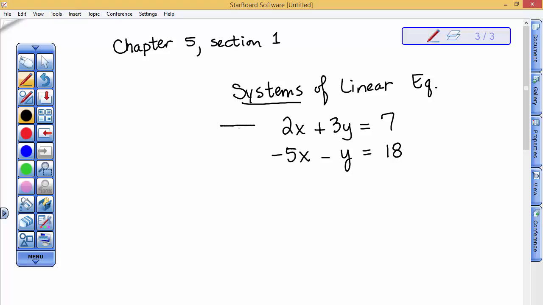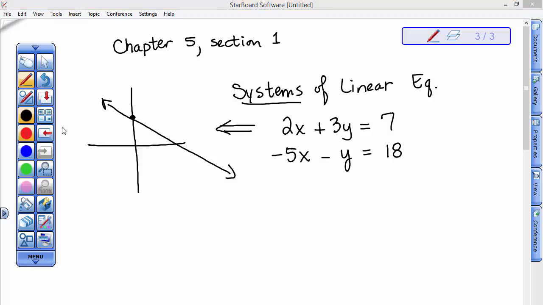If I graphed this one, and I'm making this up, it looks to me like the y-intercept would be about right here, and the slope would be -2/3. So this line would look something like this. This line right here, I'm going to do in red.